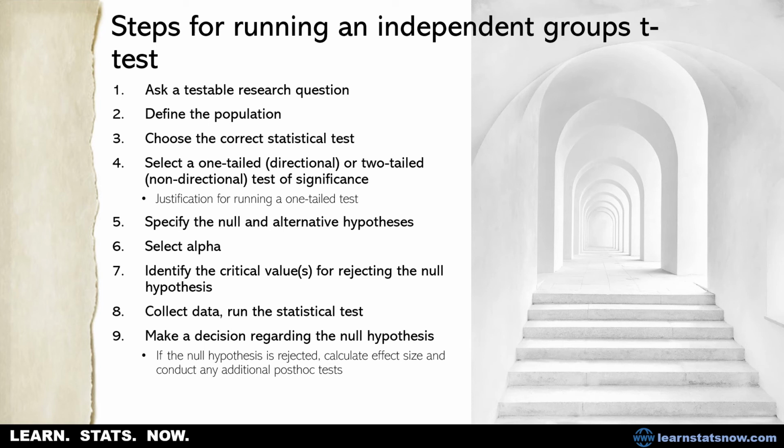I'll be showing you how to do that, and conduct any additional post hoc tests. Now, post hoc tests are only run when you have more than two samples. So with the t-test, because you only have two, you don't run additional post hoc tests. And then finally, the last phase is that we generalize back to our population, to think about our results and then revise subsequent hypotheses.